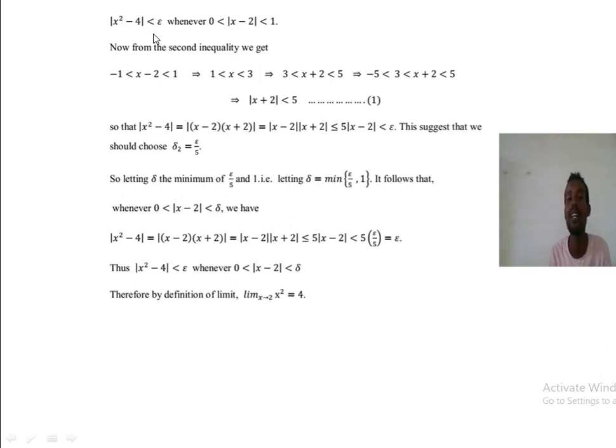But we assume that our delta 1 is 1, so we have absolute value of x squared minus 4 less than epsilon whenever 0 is less than absolute value of x minus 2 less than 1.